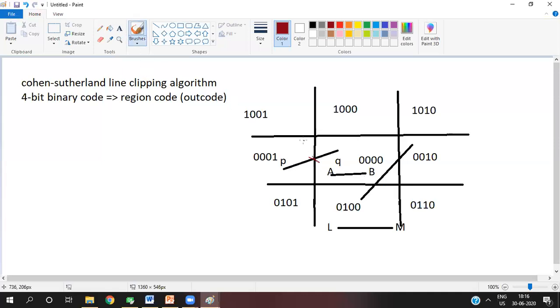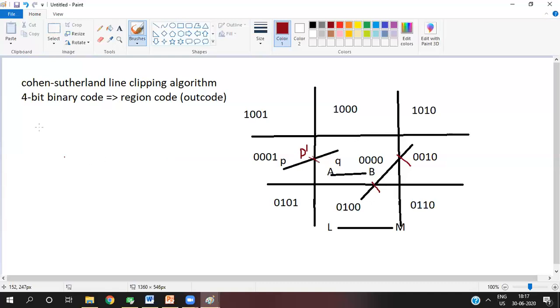If you name it, say P dash, or any name you can give, here I am giving P dash as an intersection point. So we are going to calculate the intersection points for the partially visible line.